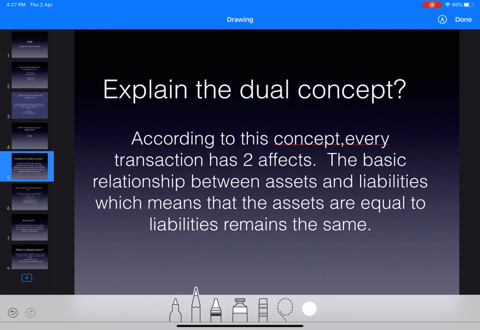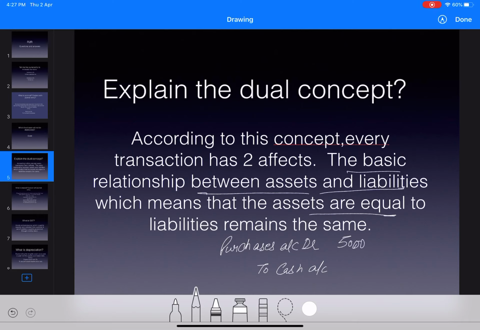Every transaction has two effects. So the basic relationship between assets and liabilities is that assets are equal to liabilities. All right, we can take an example. Suppose we have made purchases. The entry will be purchases account debit to cash account with 5,000 rupees.